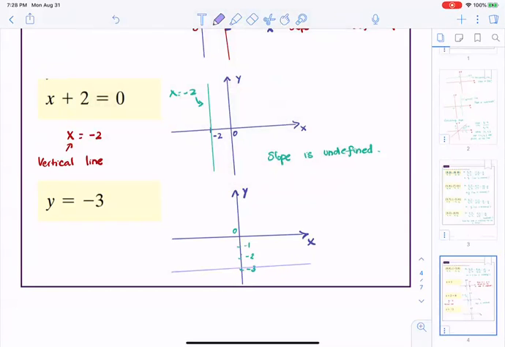So that's the line going through negative 3. So it is a horizontal line, which would mean the slope is 0.